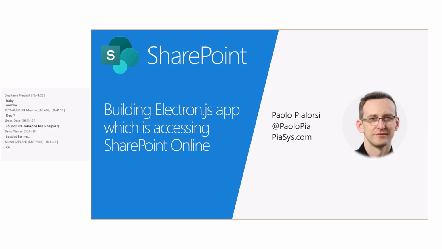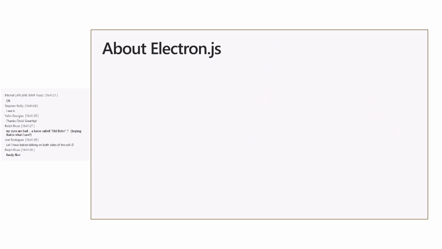Yes. Okay, cool. So let's talk a little bit about how to create an Electron.js app which can access SharePoint Online. First of all, let me set a little bit the context. So when we talk about Electron.js, what do we mean? What is Electron.js?